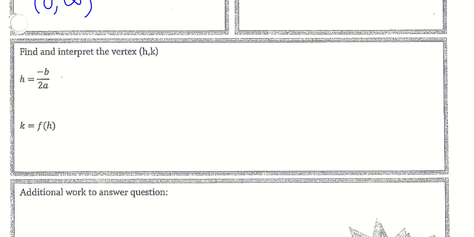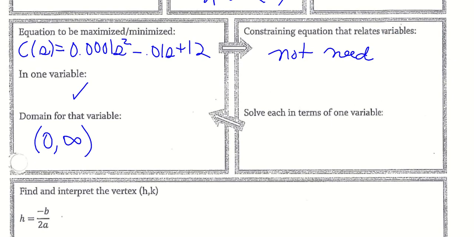So now let's find and interpret our, before we do that, let's go back and look at this. So this is our equation. This is a quadratic equation. It is a happy quadratic, so its graph is going to be the graph of a parabola, and it will have a minimum at the vertex.